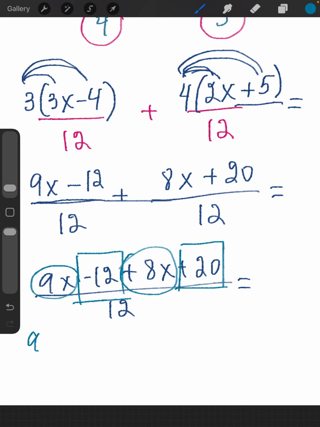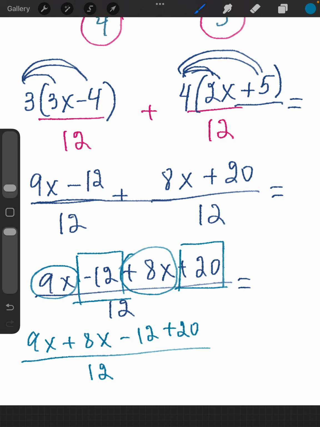So let's do this. I'm going to try to write a little bit smaller. Okay, minus 12 plus 20. Just take your numbers and place them next to each other. Okay, 9x plus 8x, we have 17x, and here we have plus 8 over 12.